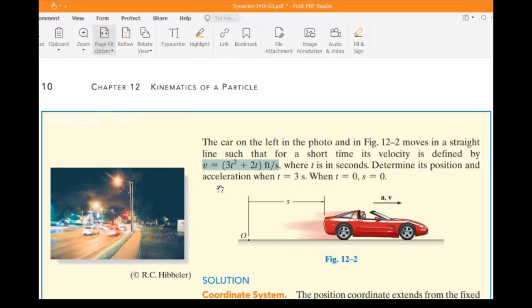If someone gives you an equation like a function, where the velocity varies according to this function, then we have an option for the calculation. If I multiply by dt, we can do the integration. If I differentiate it with respect to t, we can get a result.